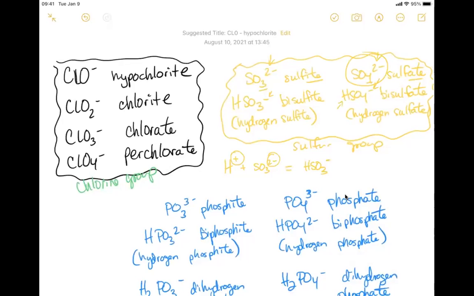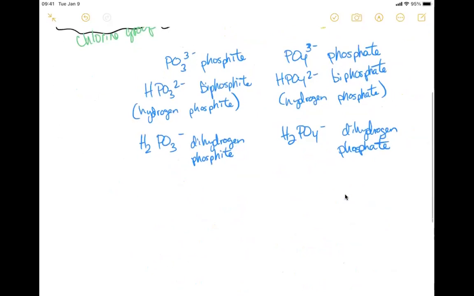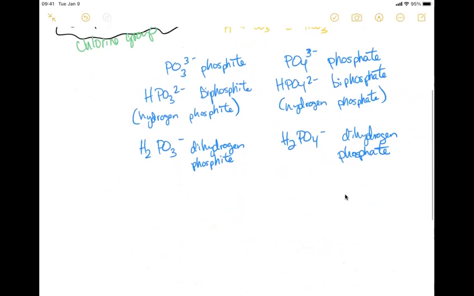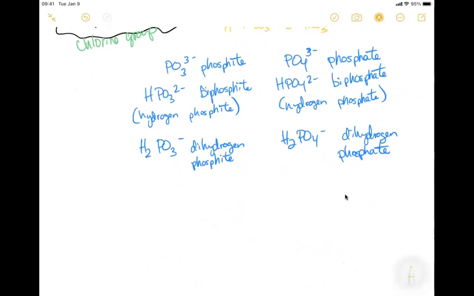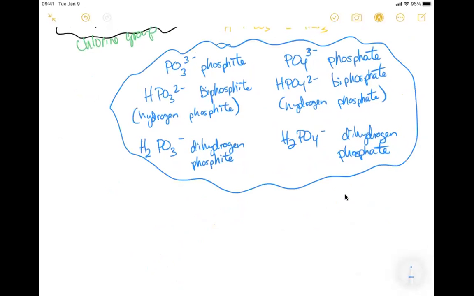That's the sulfur group. And the last one I was working on before you guys logged on was the phosphorus group. So I'll change to blue. And I can take a screenshot of these and send it to you in the line group so you can have them to study. So again, we start at the top with what I call the parent ion.